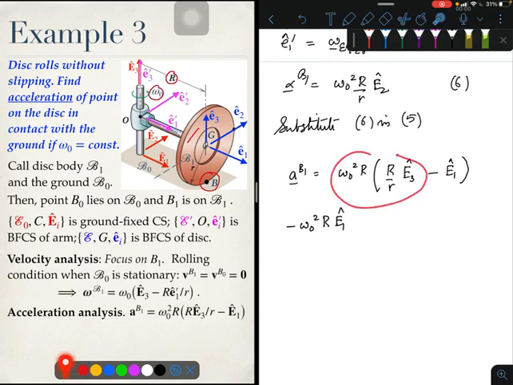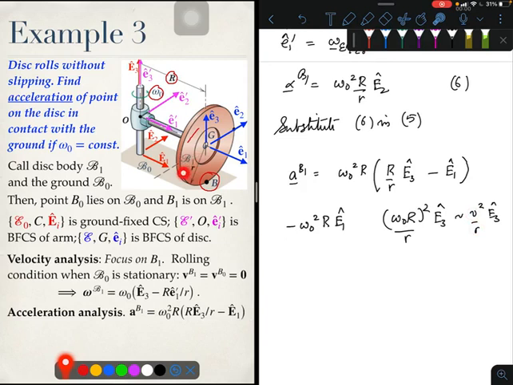The first term over here can be written as omega 0 r whole square over r e3, which looks like v square over small r e3, and it reminds us of centripetal acceleration of a particle with speed v on a circle of radius small r.